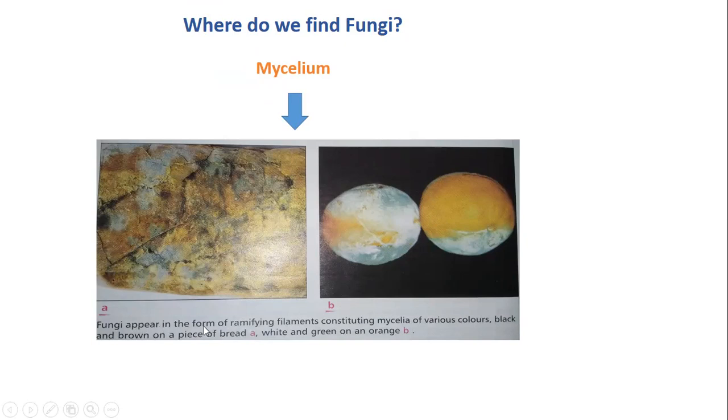Fungi appear in the form of ramifying filaments, mycelium, constituting mycelia of various colors. Mycelia in plural, mycelium in singular. Various colors: black and brown on a piece of bread, and here in A, white and green on an orange in case of B.